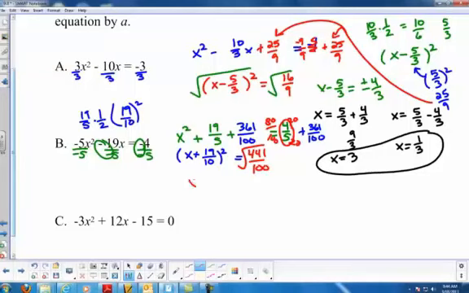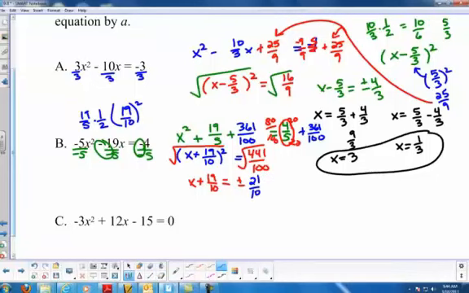So you have x plus 19 over 10 equals plus or minus the square root of 441 over 100. Ironically, that's a perfect square. Oh, plus or minus another perfect square root, 21 over 10.